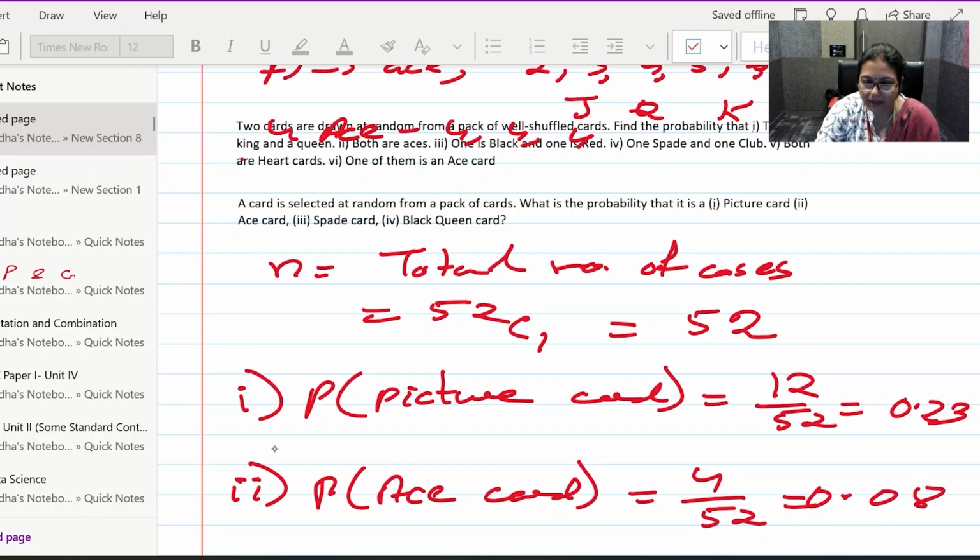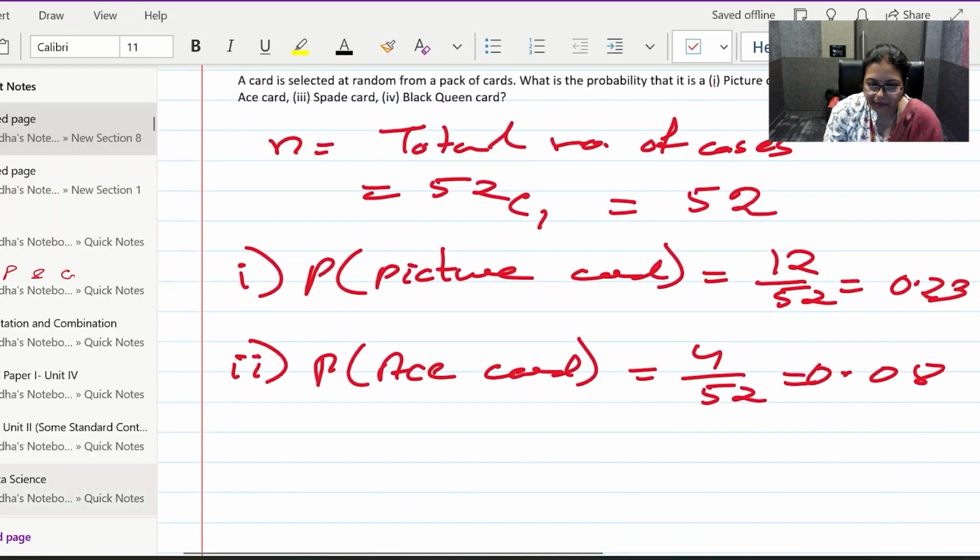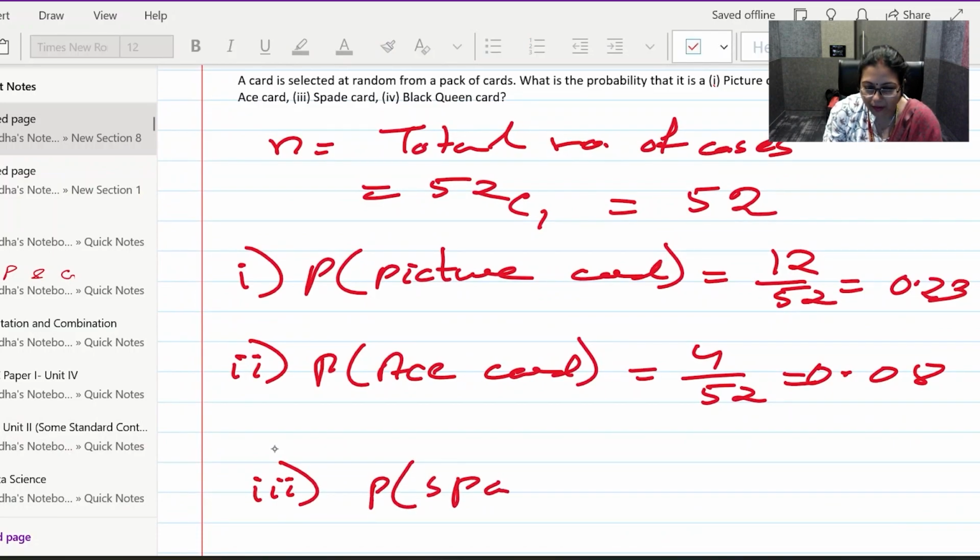This is the second answer. Now the third one, that it is a spade card. There are 13 spade cards, so it is 13 by 52, that will be 1 by 4. So 13 divided by 52 gives 0.25.